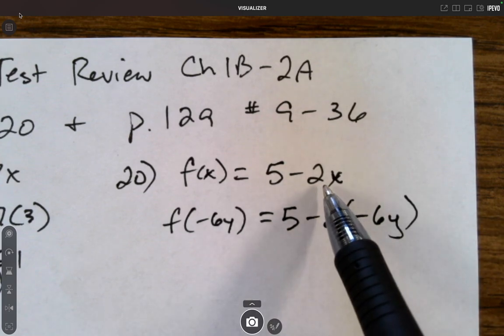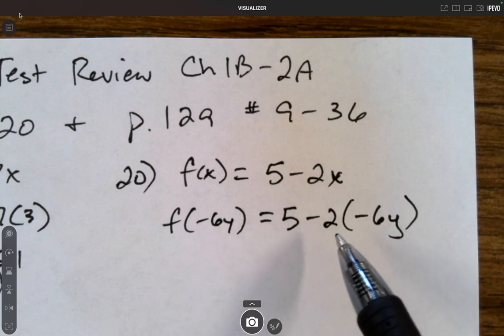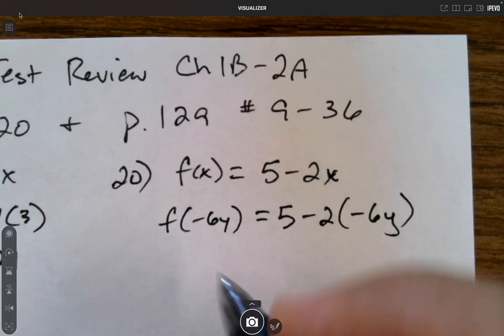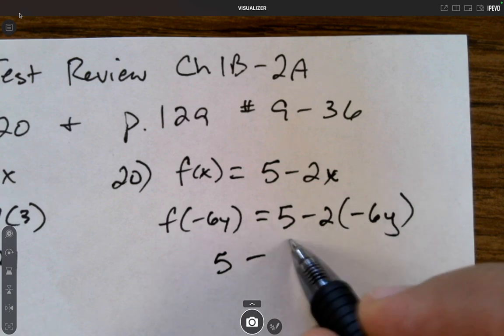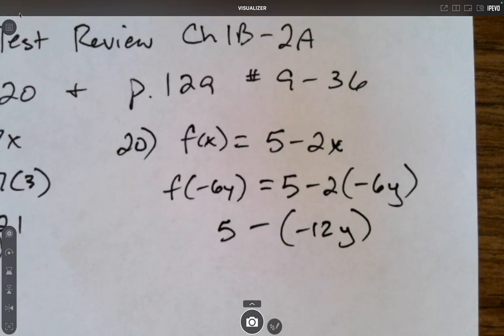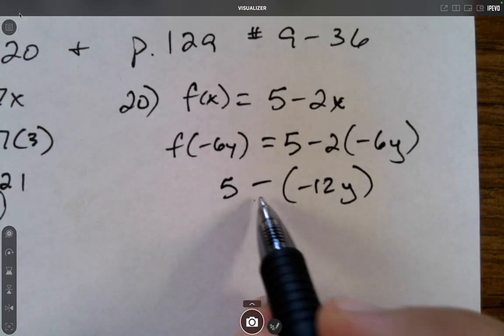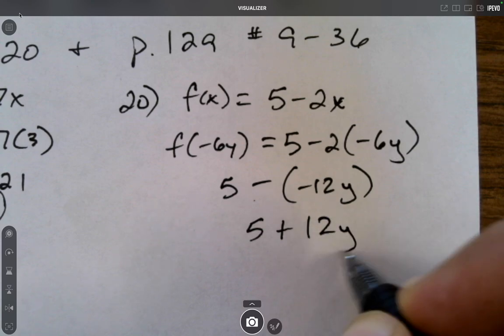So this function did 2 times x, but now we're replacing the x with negative 6y, so we do 2 times negative 6y. So we have 5 minus 2 times negative 6 is negative 12y. And it's important to remember, anytime you have minus a negative, you can change it to plus a positive.